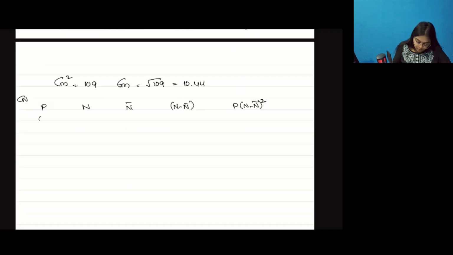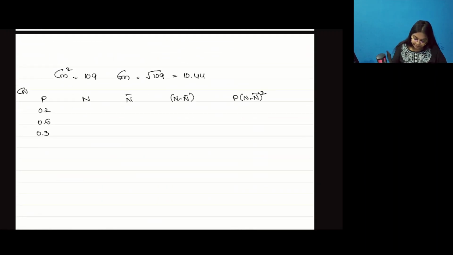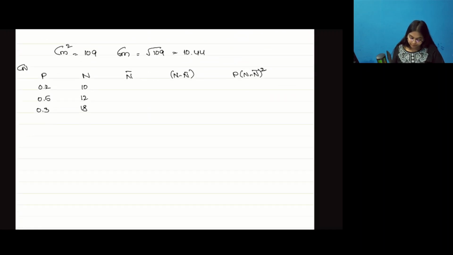So 0.2, 0.5 and 0.3 are the probabilities; n they have given 10, 12, 18, and n bar we have already calculated here, that is 13.4. n minus n bar equals 10 minus 13.4, that is minus 3.4; 12 minus 13.4, minus 1.4; 18 minus 13.4, 4.6.